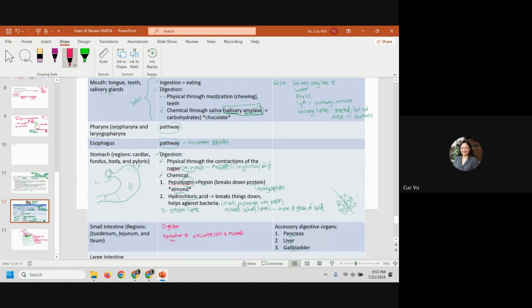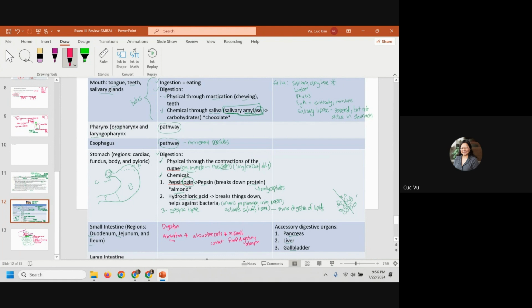So the absorptive cells contain the microvilli, which allow for what we call final digestion and absorption.